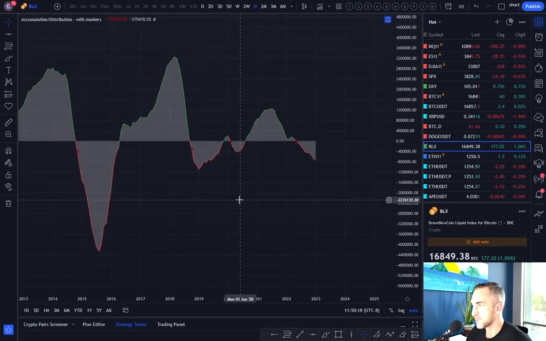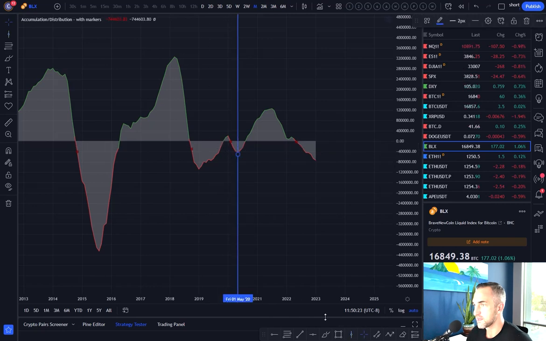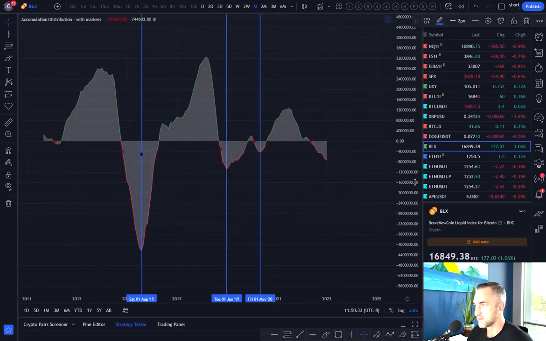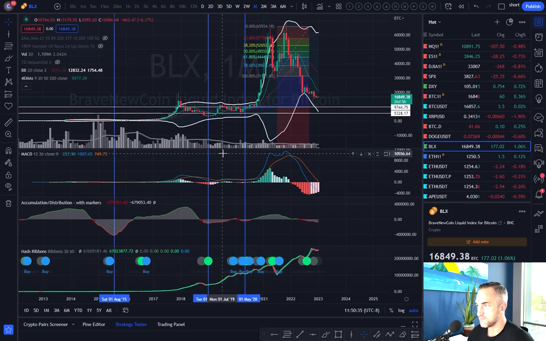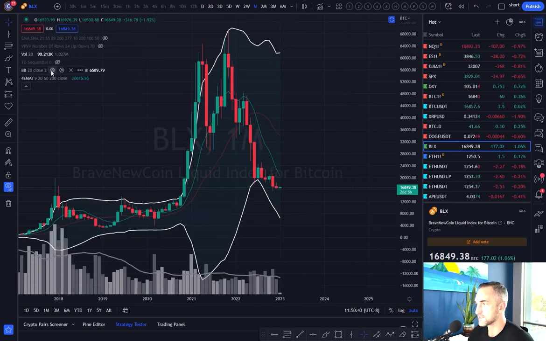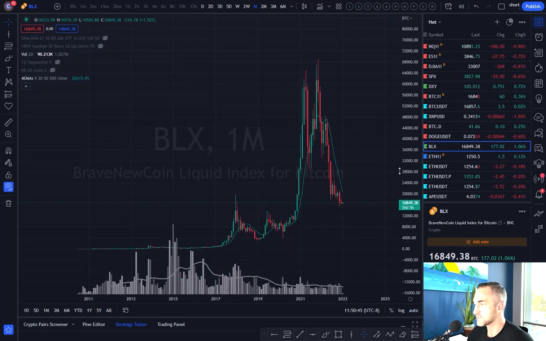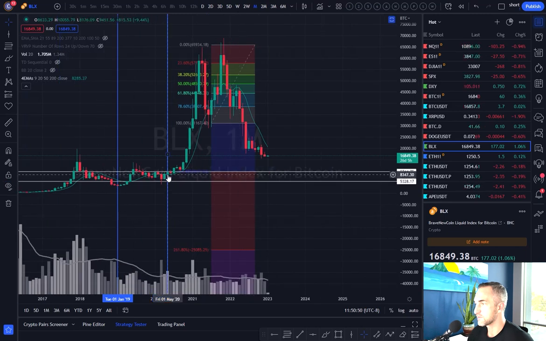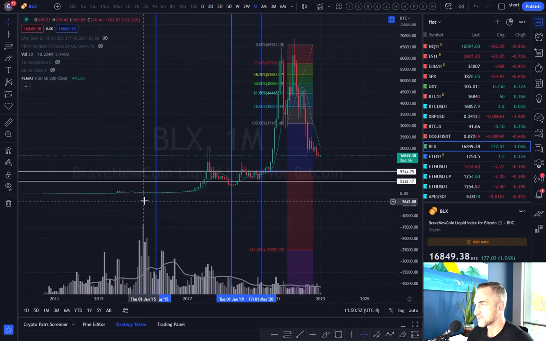So let's just look at the last 3 times here and see what kind of results we've had thus far. Okay, so macro low in, macro low in, macro low in. 3 times makes a trend. So this is one of the key indicators that we will be using to identify when the macro low is in. It's getting close, but it's not quite there yet.